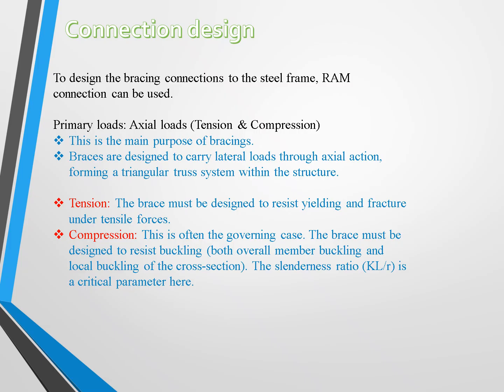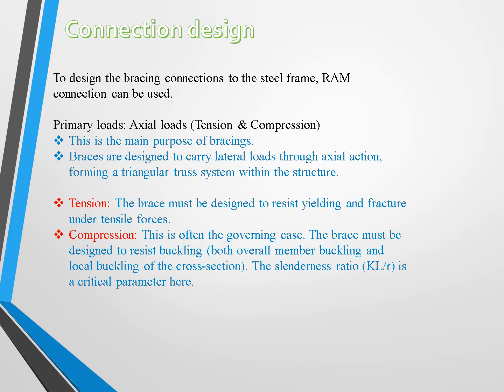For tension, the brace must be designed to resist yielding and fracture under tensile forces, while compression is often the governing case. The brace must be designed to resist buckling, both overall member buckling and local buckling of the cross section. We also need to check the slenderness ratio, where KL over r is the critical parameter.